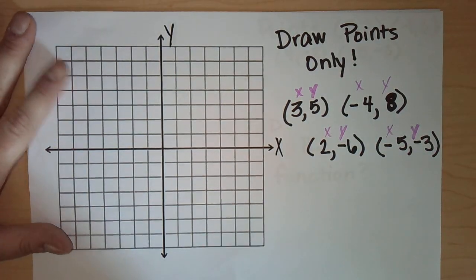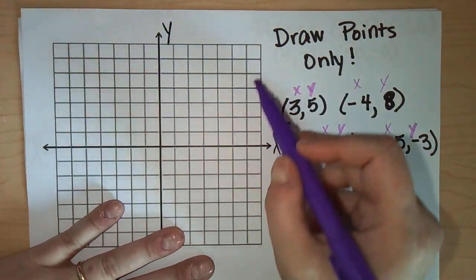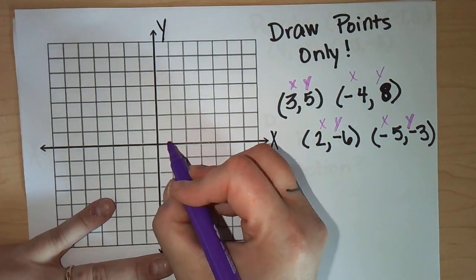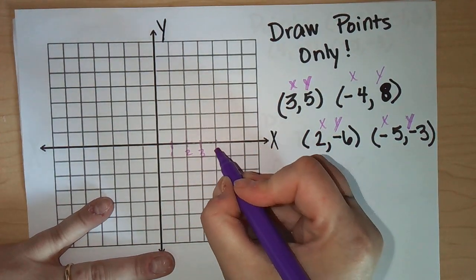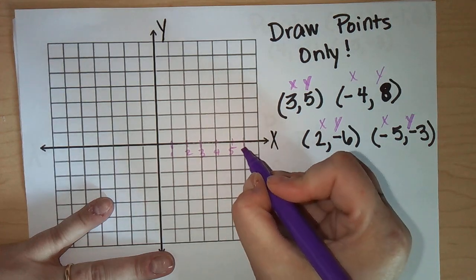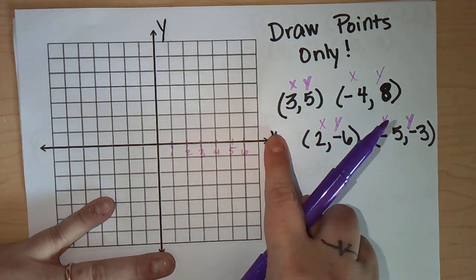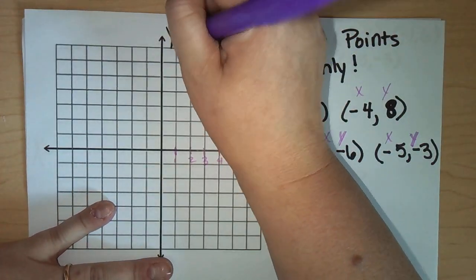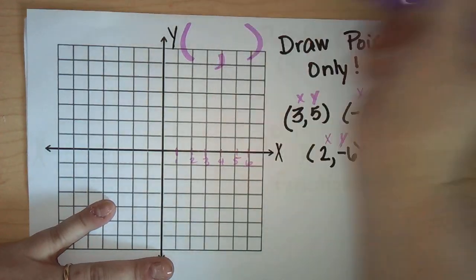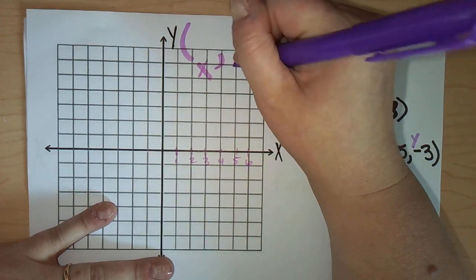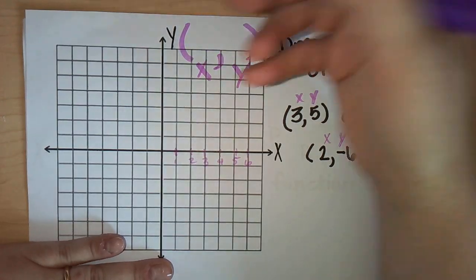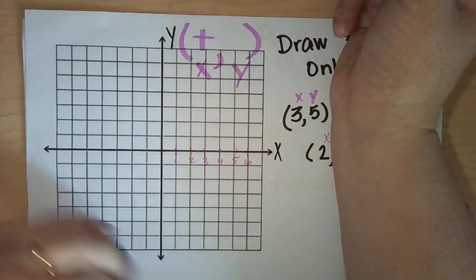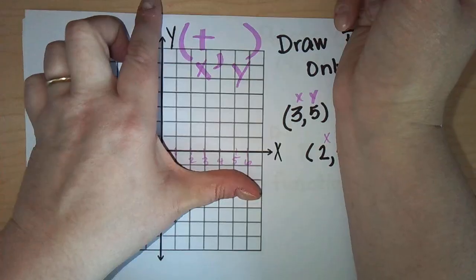Anything in this top right quadrant, we go through 1, 2, 3, 4, 5, 6. So these X's are positive. All the ordered pairs in this top right quadrant look like XY, but the X values will be positive in this top right quadrant.